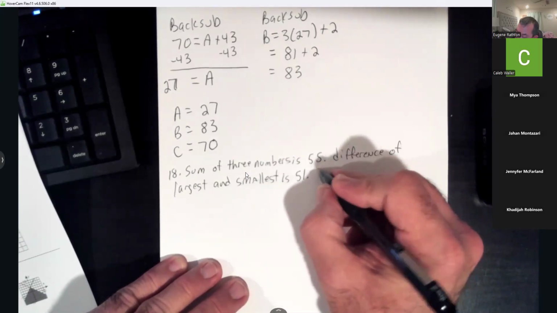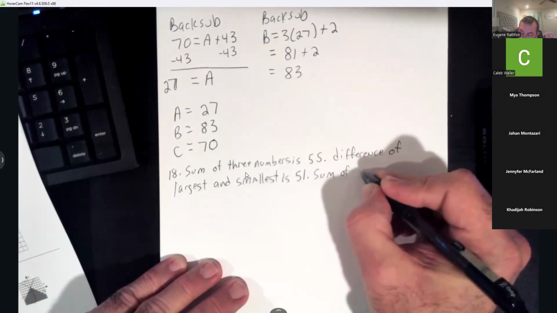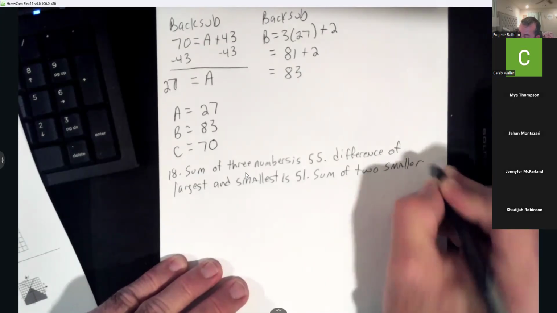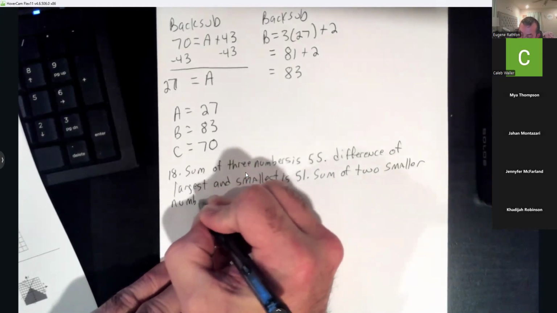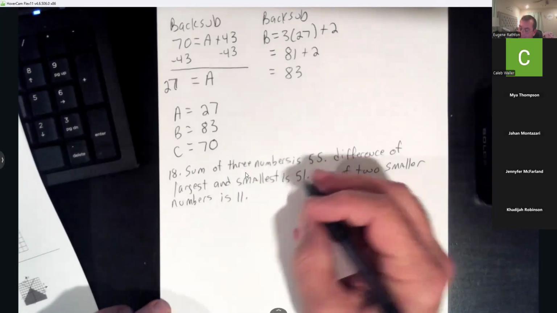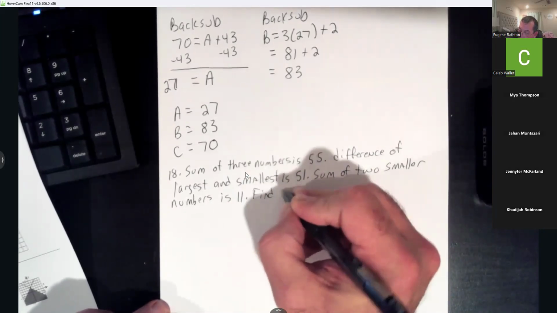Then it says the sum of the two smaller numbers is 11. Find the numbers.